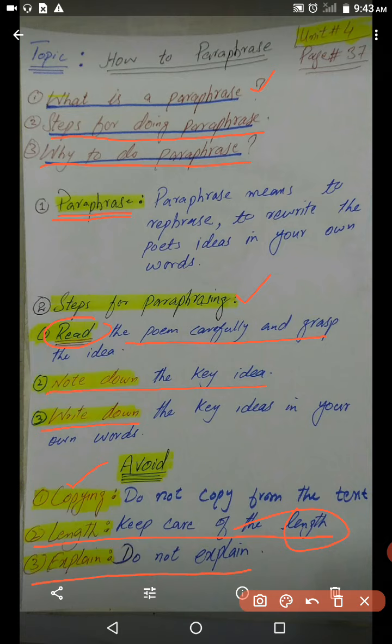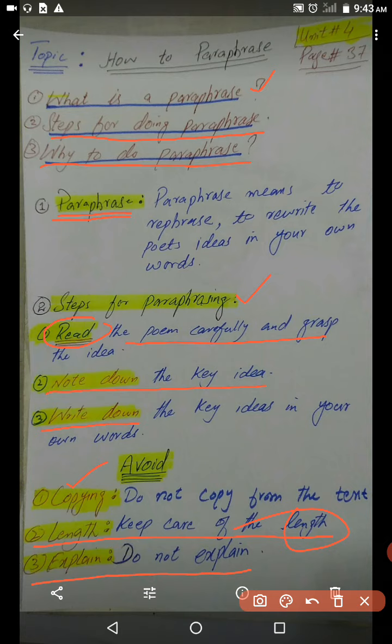You have just to convert the language from poetry into prose. The idea will be the same. No changing in idea, no modification in idea. So do not explain while paraphrasing the poem. So these were a few steps for doing paraphrase.